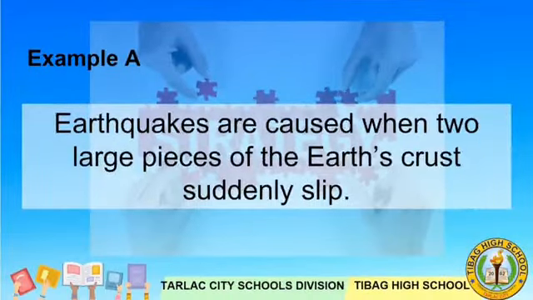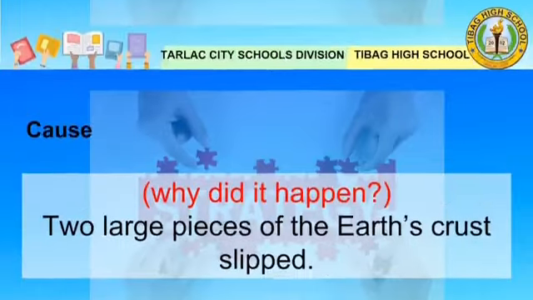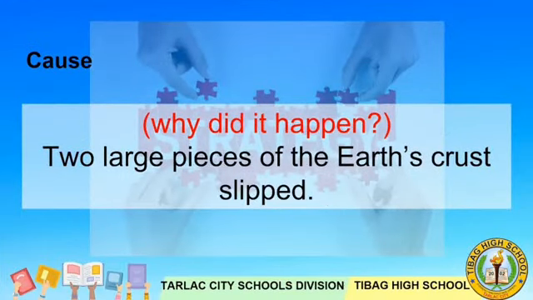Let us study example A. Earthquakes are caused when 2 large pieces of the Earth's crust suddenly slip. To determine the cause of that example, let us first ask ourselves, why did it happen?